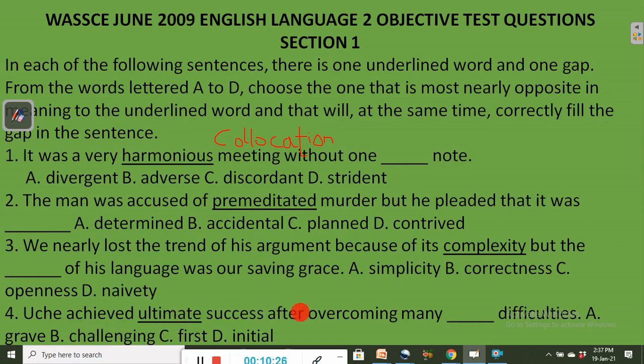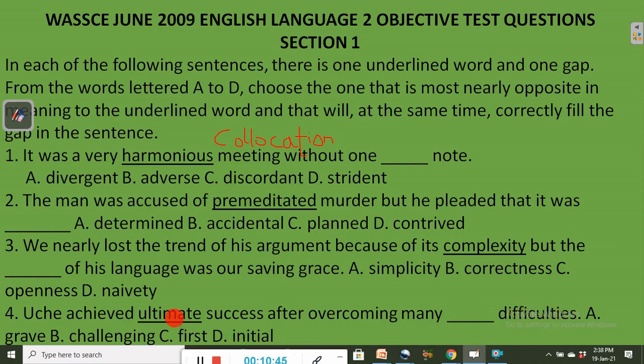Uche achieved ultimate success after overcoming many dash difficulties. Option A, grave. B, challenge. C, first. D, initial. D is the most appropriate after overcoming many initial difficulties.